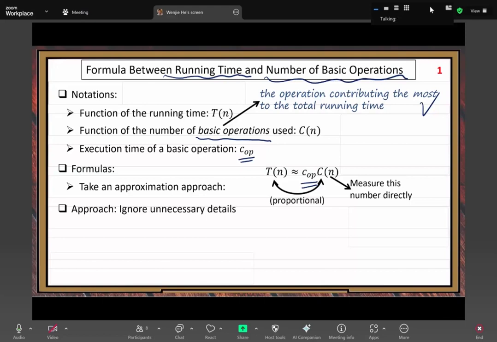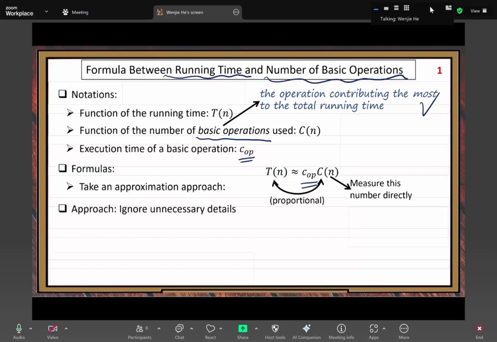Now, our goal: we always monitor our goal. We want to study the efficiencies of the algorithms. Our algorithm efficiency function is usually a formula, and the formula could be relatively complicated. But we want to simplify.